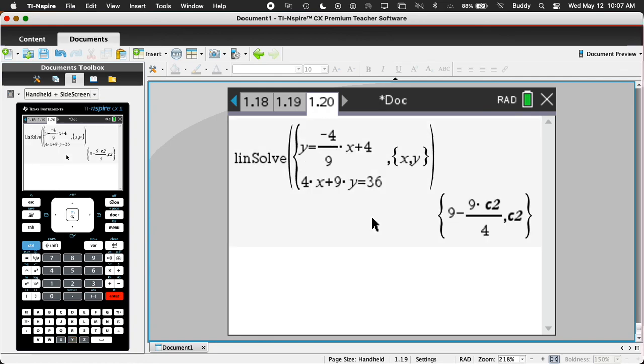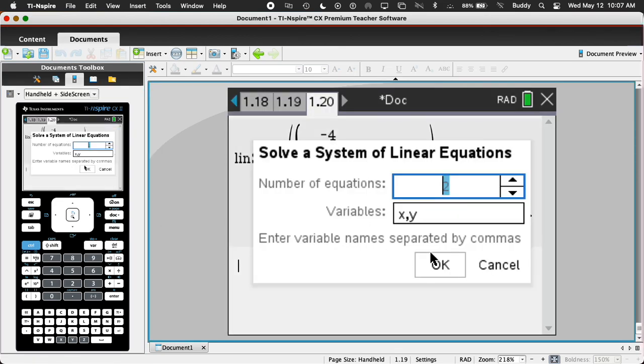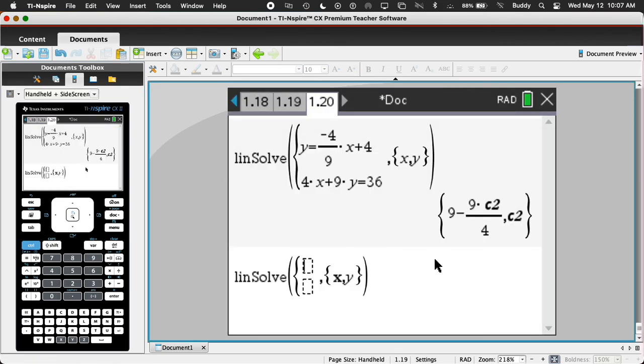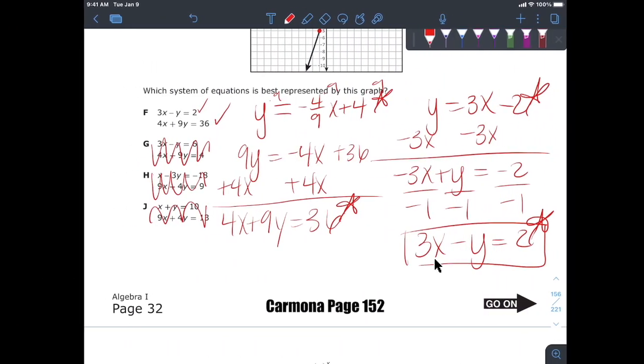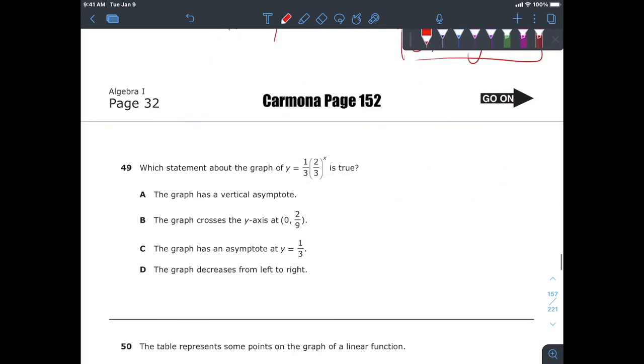I got a C. That tells me that those are exactly the same. They have infinite solutions. Let's go ahead and try the second one just to verify we did that guy correctly. And yes, we also did. So answer choice F is most certainly correct.